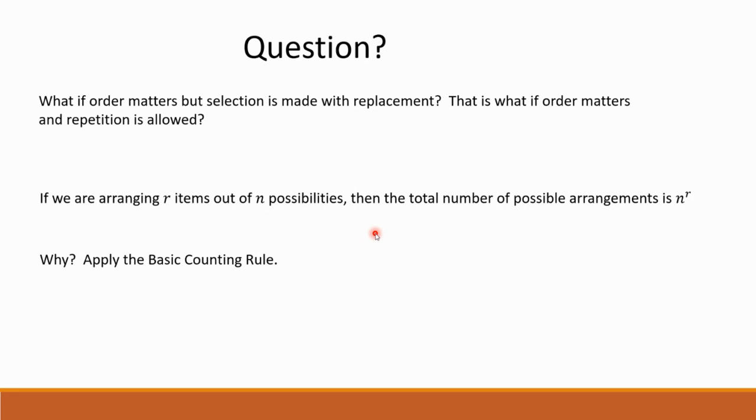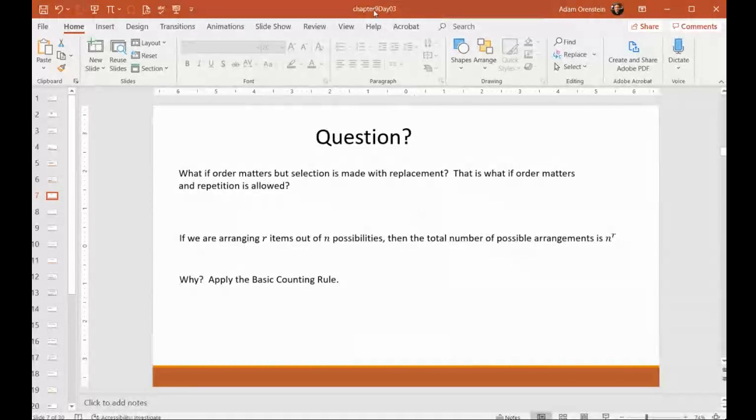All right, so let's do some examples of that. Actually, before I do that, are there any questions? Oh, someone has a question. Yeah, you're arranging r items out of n possibilities.